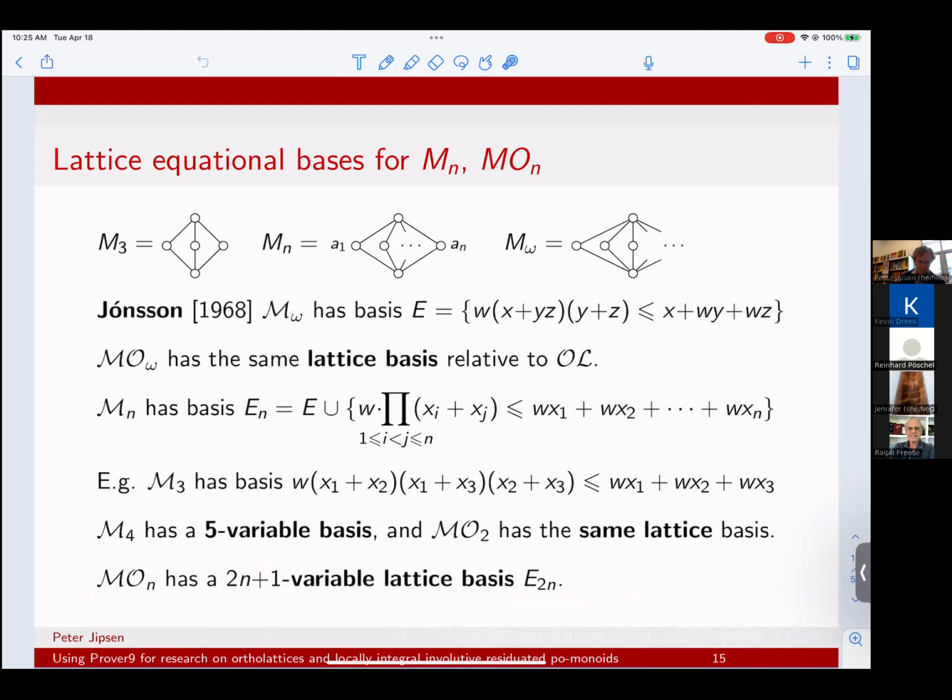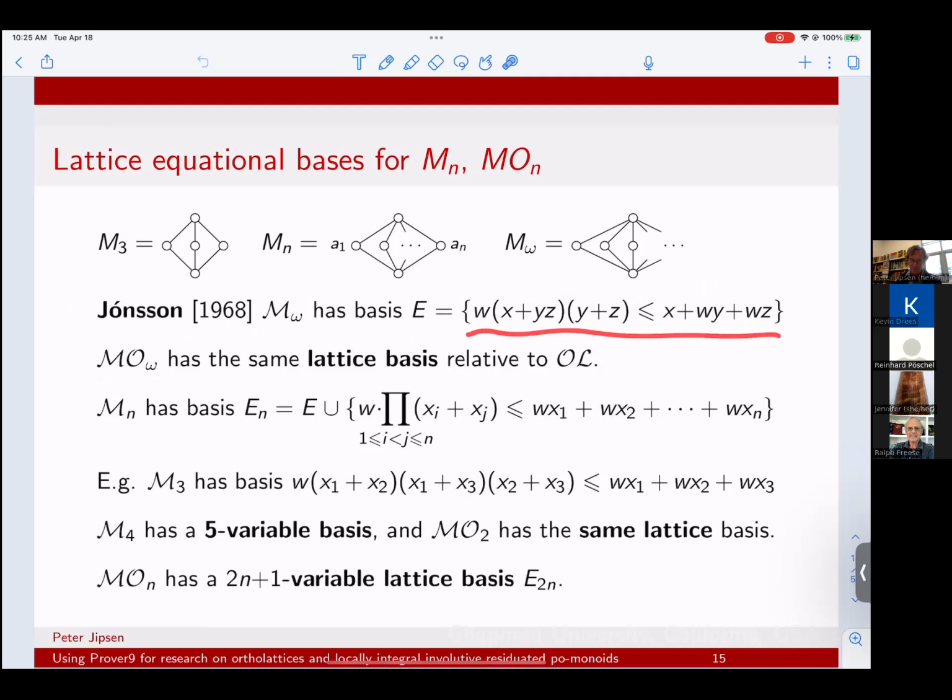Now here, let's go back to lattice theory. These are the MNs. They don't have to have an even number of elements because now we're in lattices. Janssen proved that M omega has this particular basis, and MO omega has the same basis.